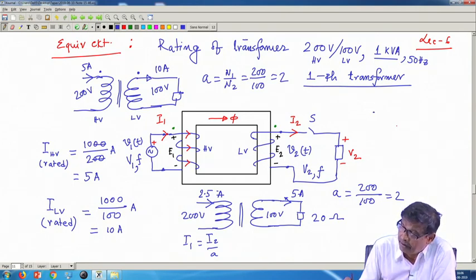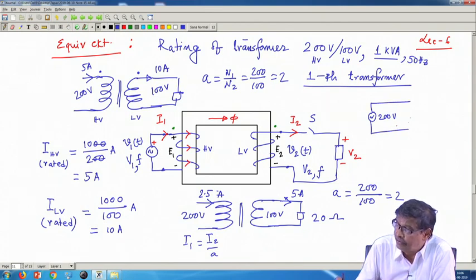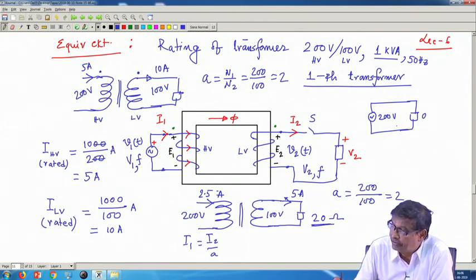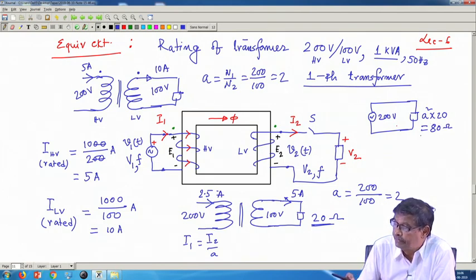It will be a source 200 volt, very quickly I will do, and across it you have connected an impedance. For this, if you have connected 20 ohm, I will say you have connected an impedance of A square into 20, that is equal to 80 ohm. A is 2, 80 ohm, and 200 by 80. So, this current is 2.5.